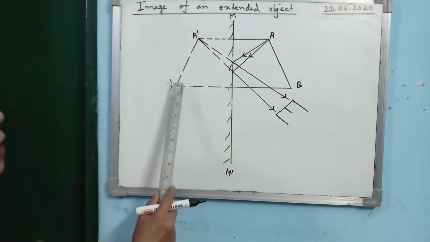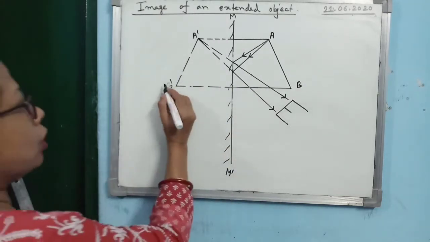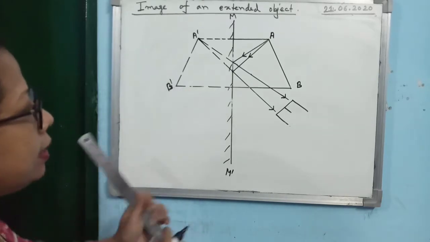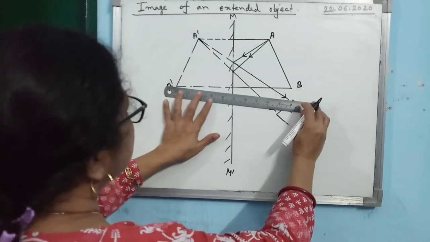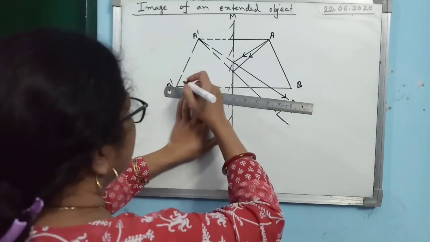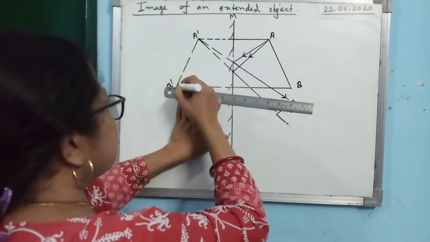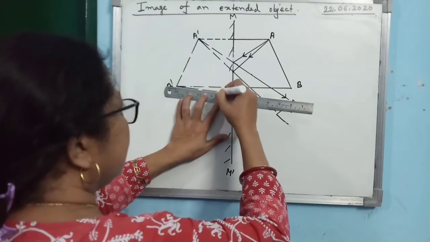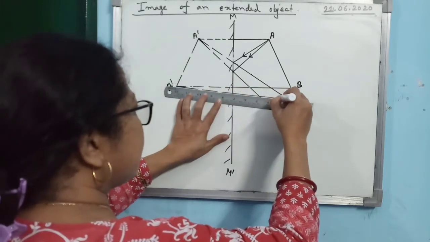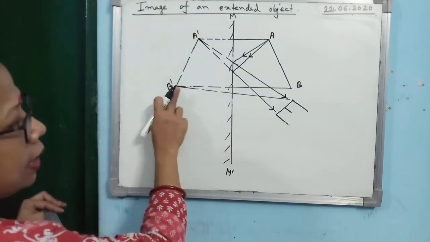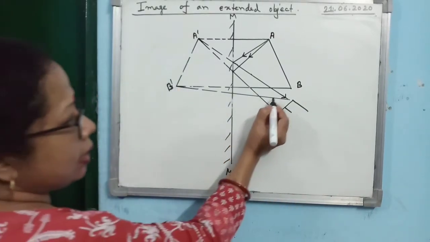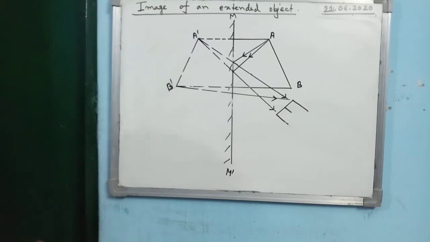Now we have to do the same for the lower point also. So what to do? What I said? Join B dash with the upper point of I. Hold the scale like this, and while joining, draw a solid line in front of the mirror and a dotted line behind the mirror, and give an arrow towards the eye because the eye is receiving that.